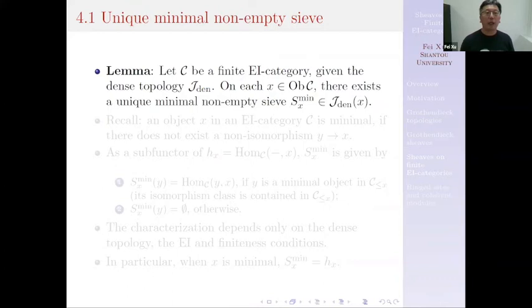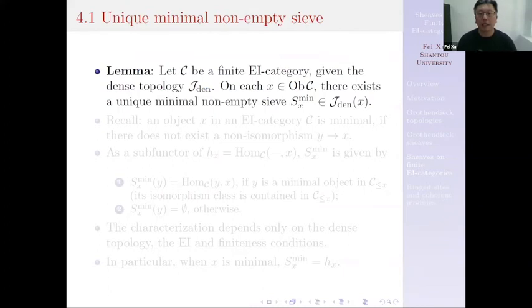One has to be careful. There's always an empty sieve, but for the dense topology, the empty sieve is not a covering sieve. So we have to find a non-empty one. This is based on the definition of the dense topology, the EI condition, and also the finiteness condition of the EI category.